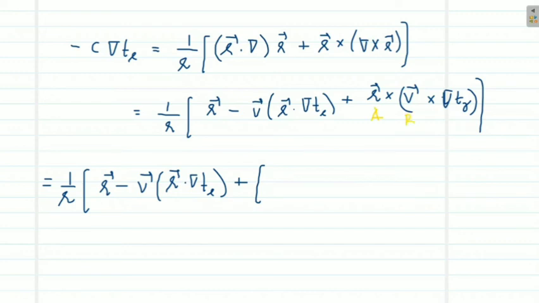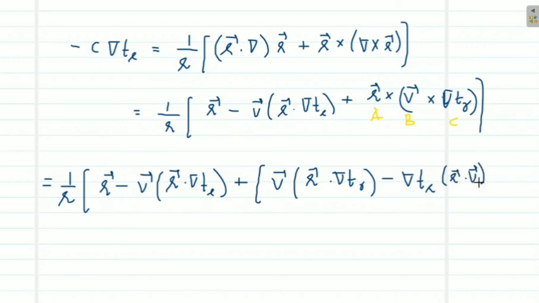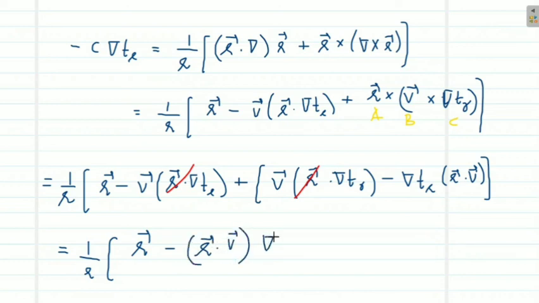So this is A, this is B, and this is C, into v bar into r bar dot del tr minus del tr into r bar dot v bar. So two of these terms will cancel out, and the remaining terms are simply 1 by r into r bar minus r bar dot v bar into del tr.